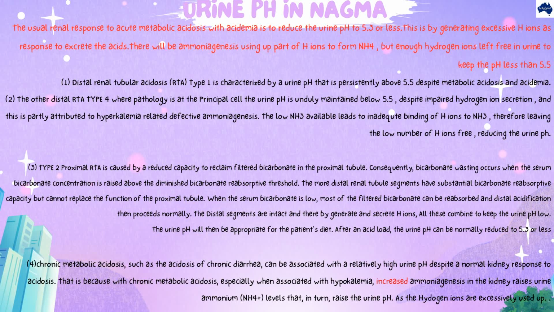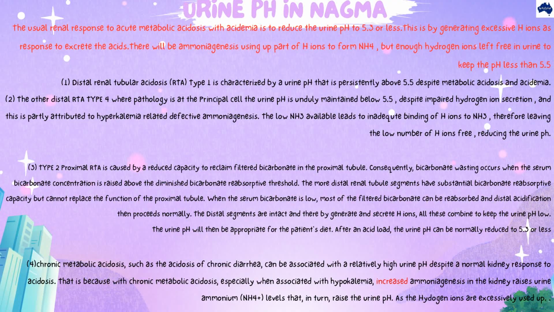The reason for that, one is the hyperkalemia related to the distal renal tubular acidosis results in a defective ammonia genesis. In fact, the way I should say it is hyperkalemia leads to a defective ammonia genesis.